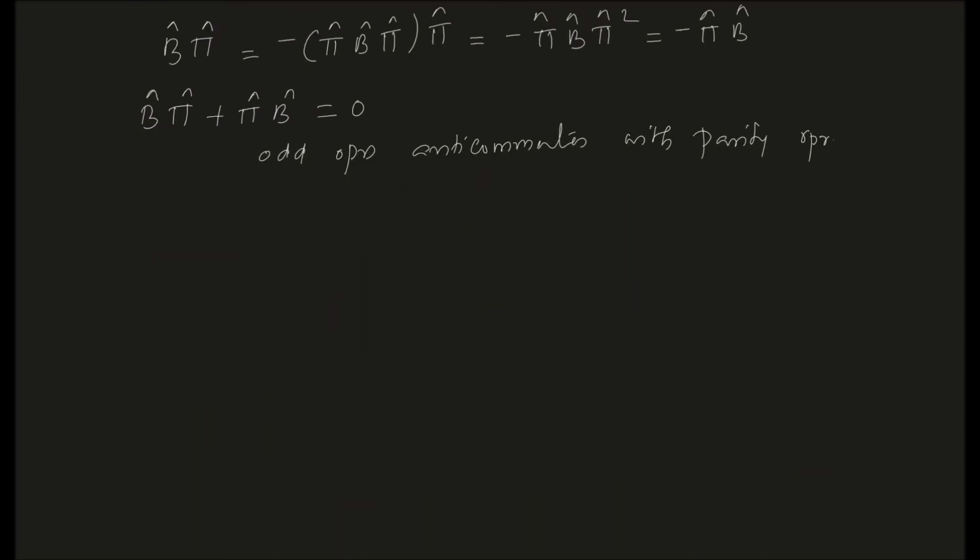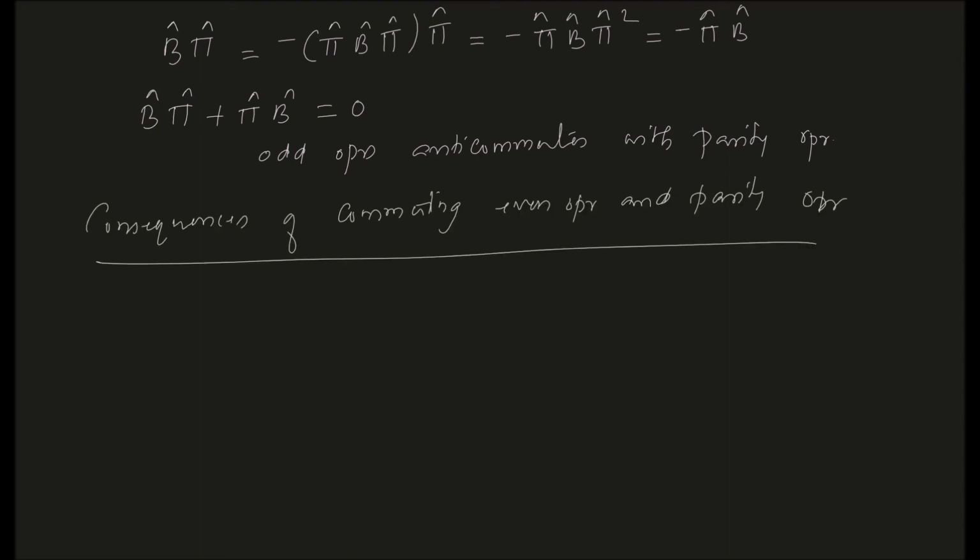Now what are the consequences of this commuting of the even operator and the parity operator? The first is that if the even operator is Hermitian and none of its eigenvalues are degenerate, then the eigenvectors of this even operator must be either even or odd, which is same as the eigenvectors of the parity operator.